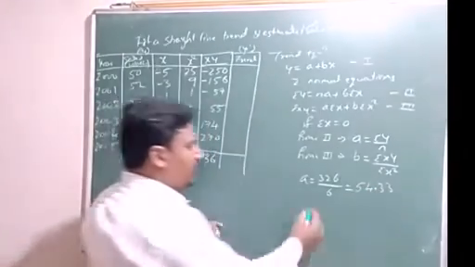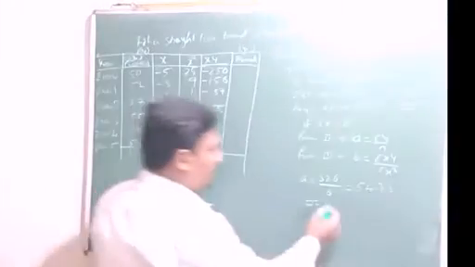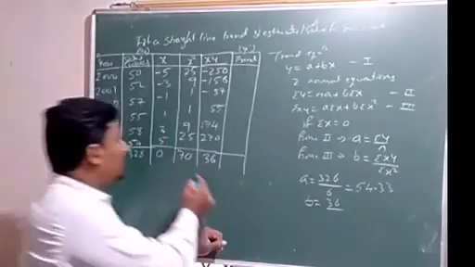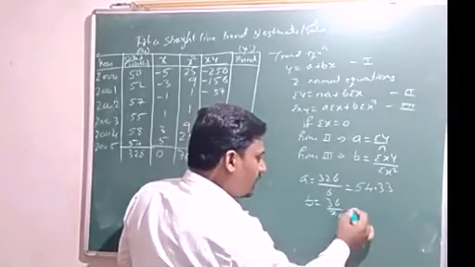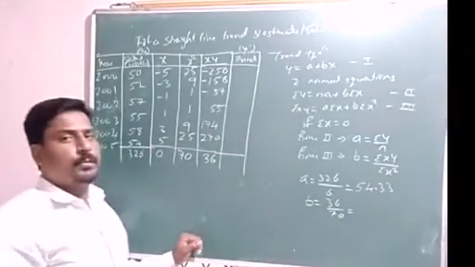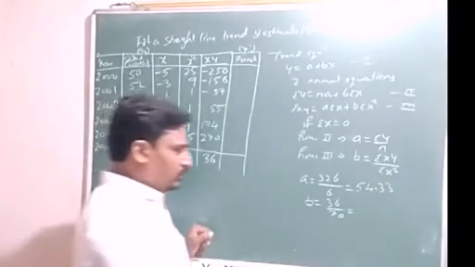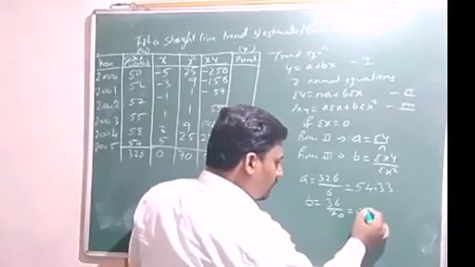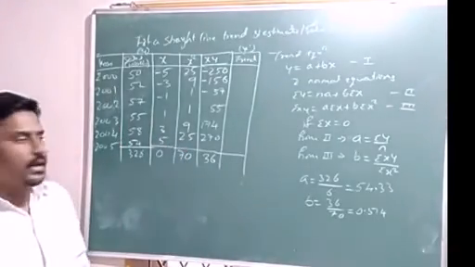Next B is equal to summation xy, which is 36, divided by summation x square, which is 70. So 36 divided by 70 is equal to 0.514. So we got the A and B values.